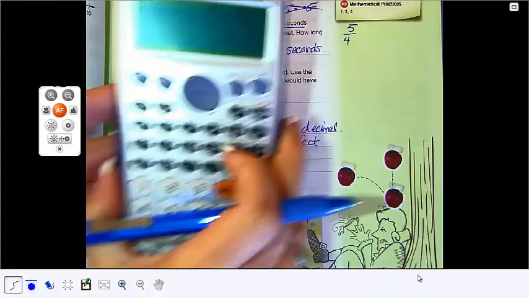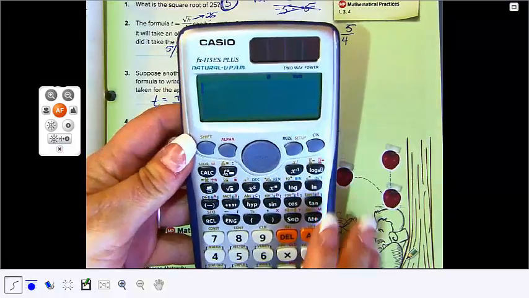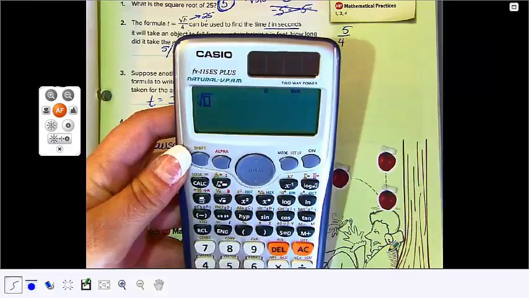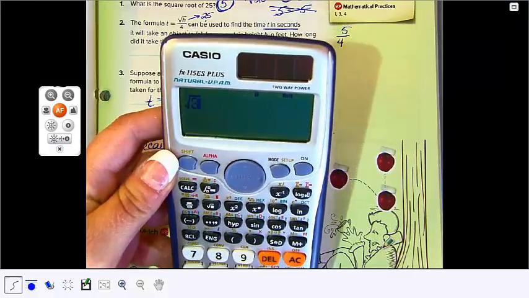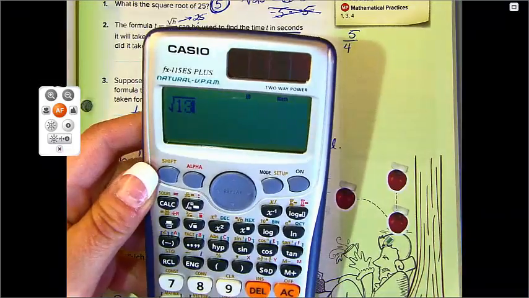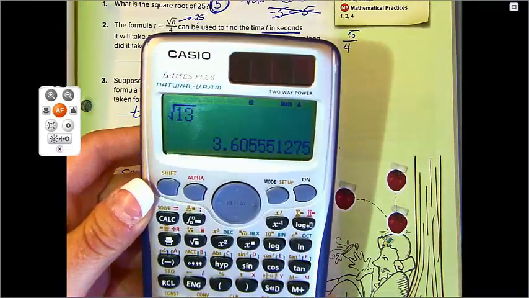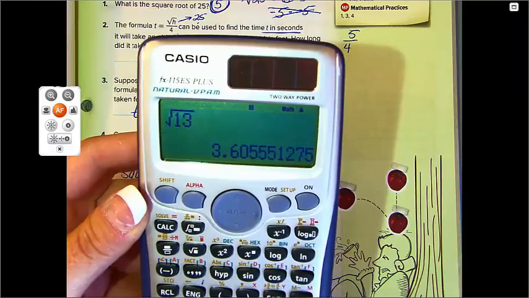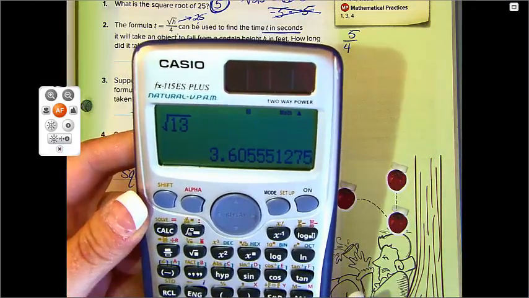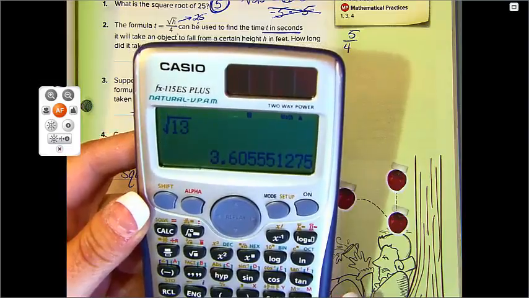And if you don't believe me, here's the calculator. Let's go ahead and do that. So I'm going to take the radical 13. Oops, let me delete that and put a 1 in there. And the radical of 13 equals this big long decimal. It is not a pretty perfect whole number, so it is not a perfect square.